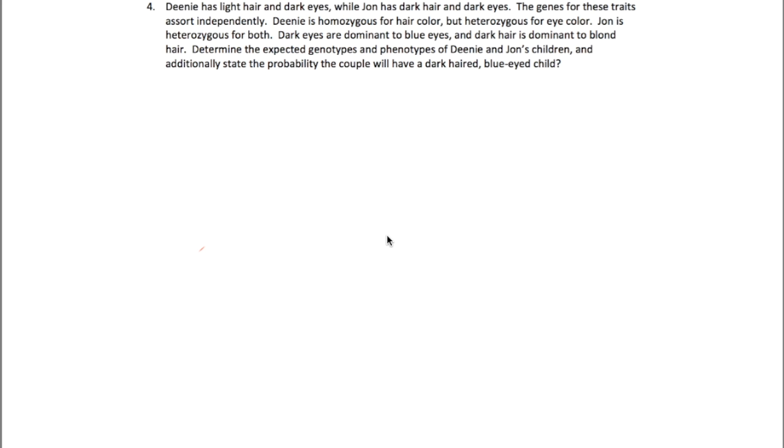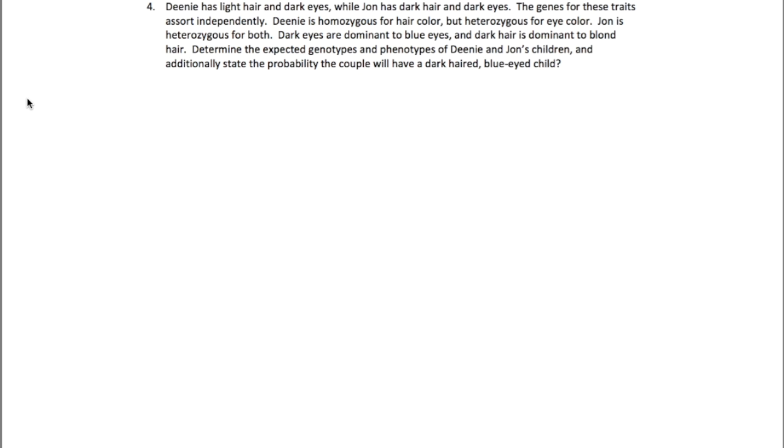All right. Again, I would probably start with sorting out what the different genotypes are versus the phenotype, okay? So in this situation, light hair is recessive, and dark eyes is dominant. So here, I'm just going to kind of keep track of it.